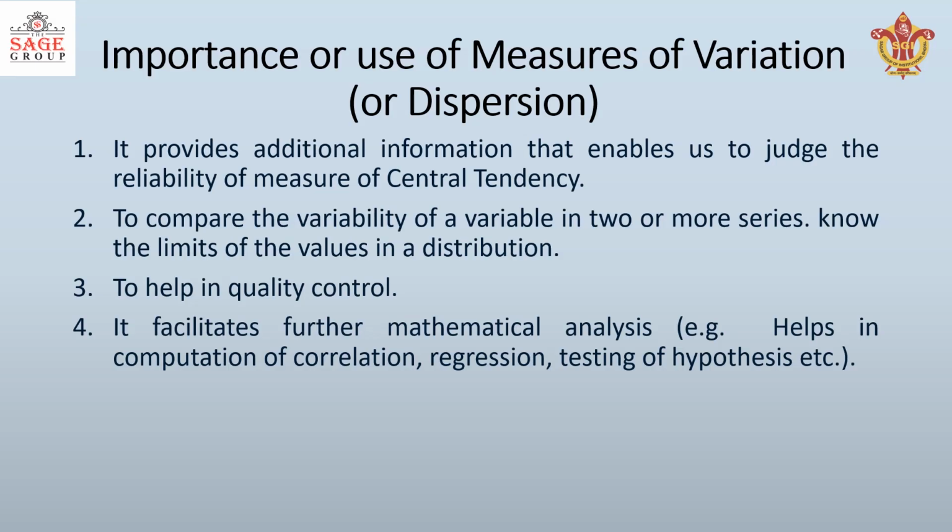That is, to know the limits of the values in a distribution. Point number 3, to help in quality control. 4th, it facilitates further mathematical analysis. For example, it helps in the computation of correlation, regression, testing of hypotheses, etc., as mentioned earlier as well.